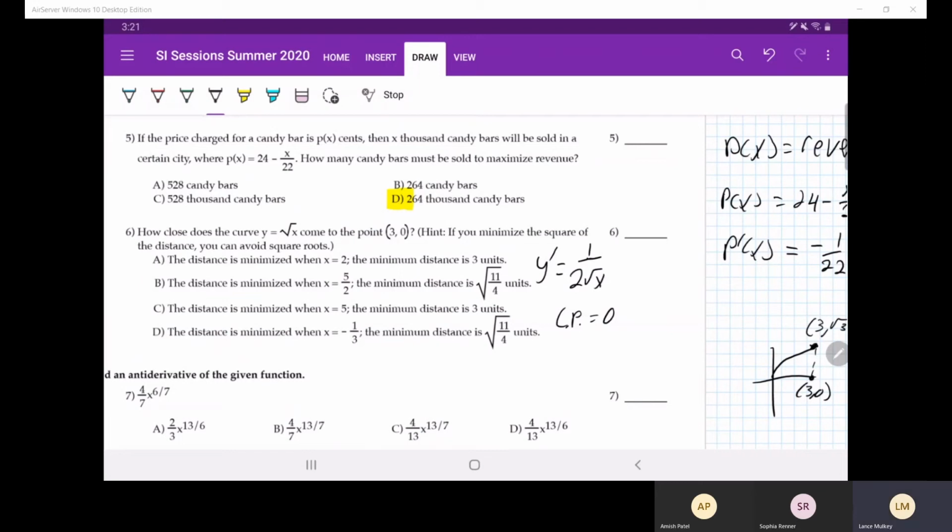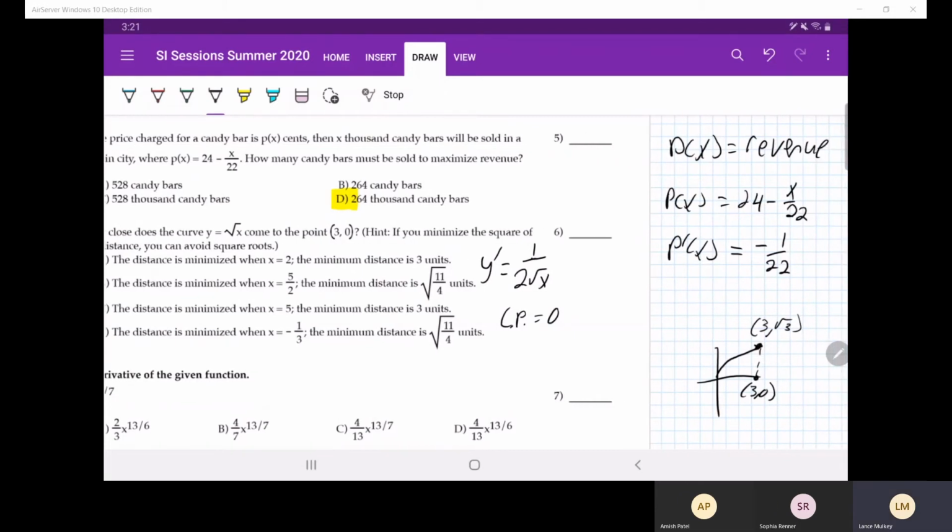If you minimize the square of the distance, over here it's 3 units away, but right here it's root 3 units away.